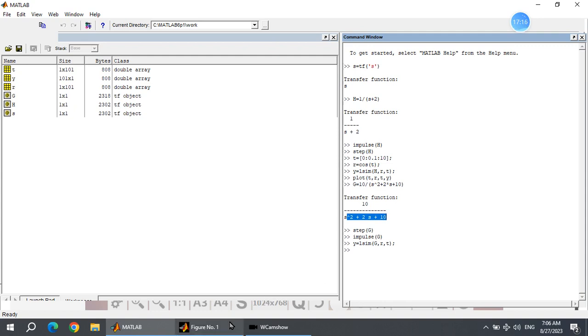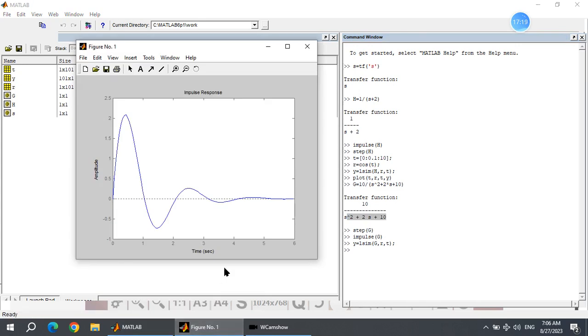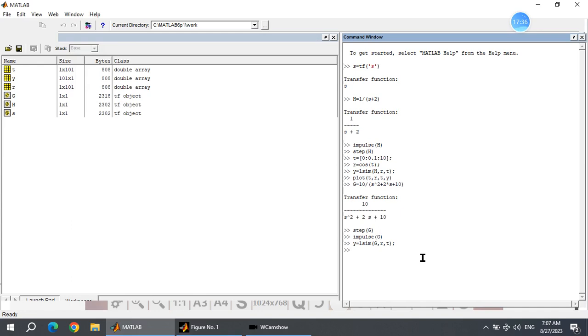So the final answer looks like this, right? You have a kind of sinusoid, but the amplitude is decreasing. The first peak, the amplitude is large, and then the amplitude tends to be smaller. You can see this is kind of sine wave, right?